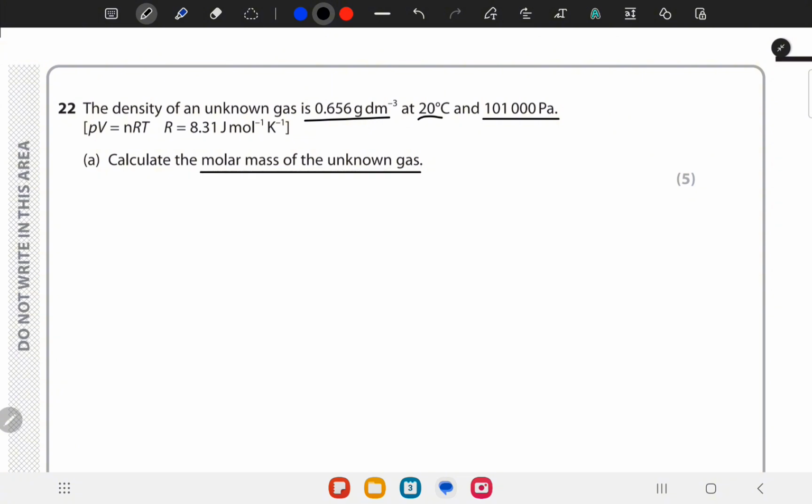Using PV equals nRT, we'll find the number of moles n, and then we have to use the density to convert this number of moles into the molar mass in gram per mole.